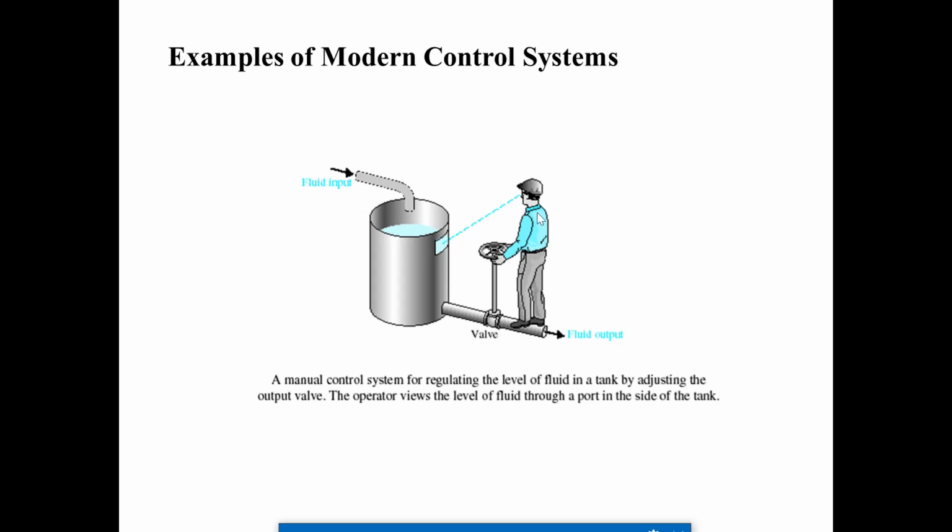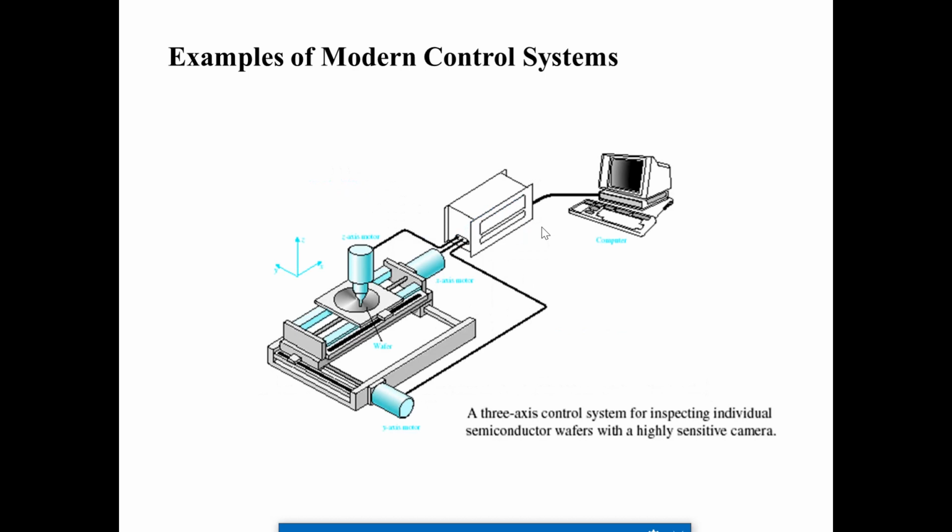The observer looks at the fluid level in the tank, and again he is going to operate this wheel. That is also a modern control system, right? If the fluid level goes down, he is going to turn it off. If the level goes to the top, he is going to switch on the valve. So that is about the modern control system.